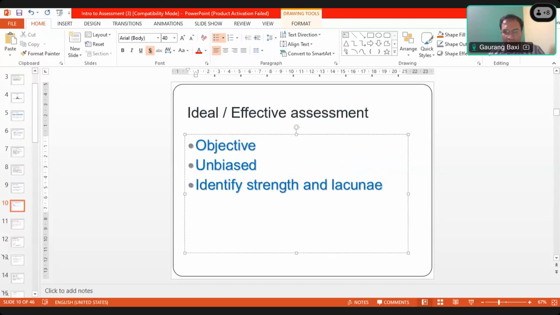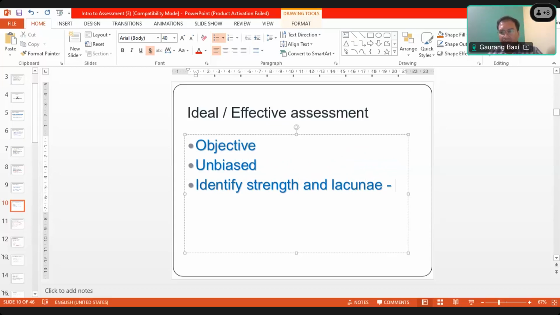Systematic. And what next? What after identifying strength and lacunae? What is the purpose of identifying strength and lacunae?